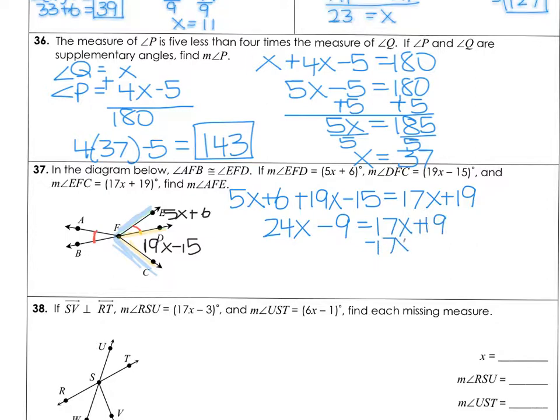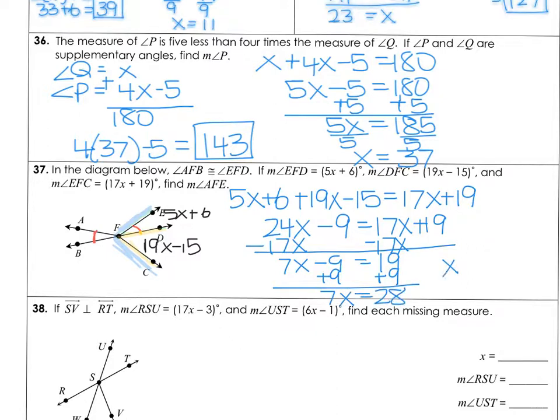Subtract 17x. Add 9. I'm going to divide by 7. Okay. Now, got a nice mess going on here.